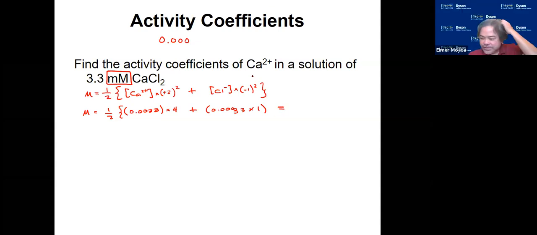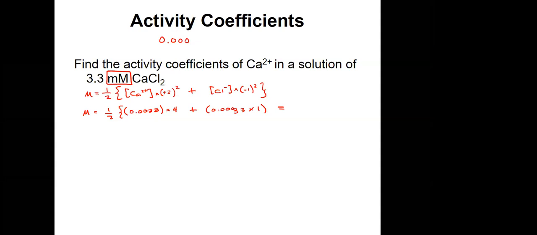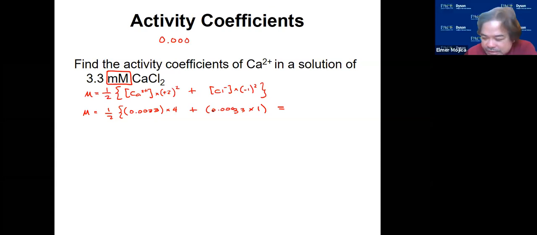So how much do you get there? What value do you get? Why is the concentration of chloride ion... Oh, this? We have to multiply this by 2.